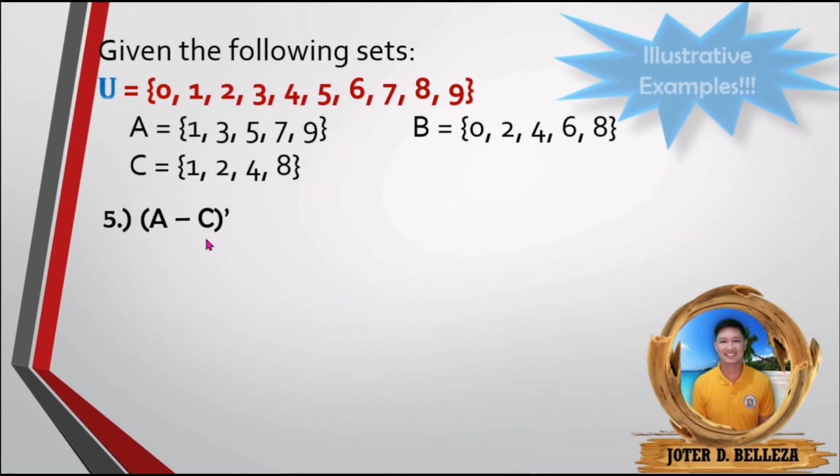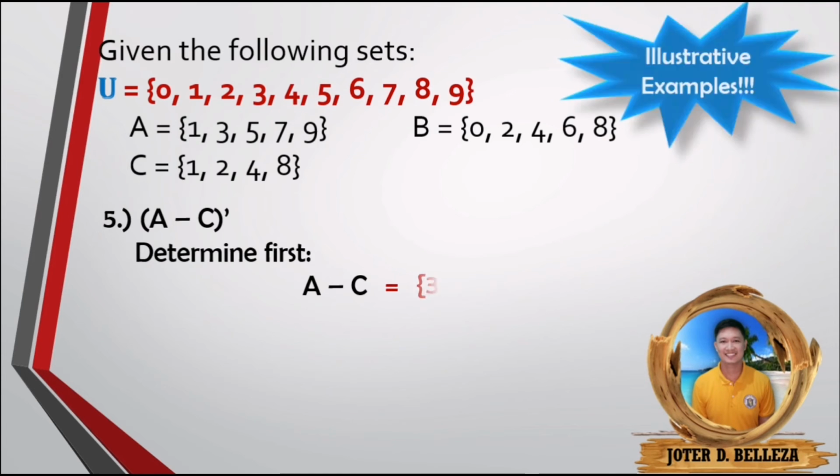So, to answer number 5, we are going to determine first the difference between A and C. And that set contains, okay, so we have 3, 5, 7, and 9. Correct.